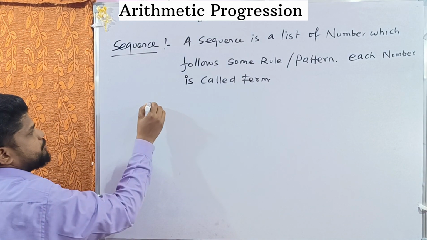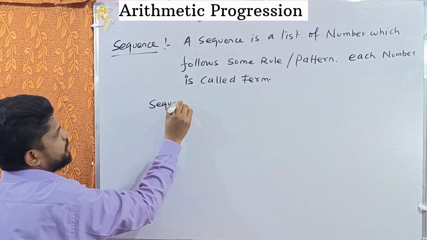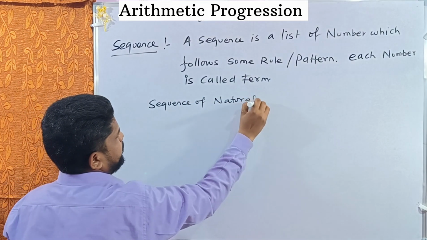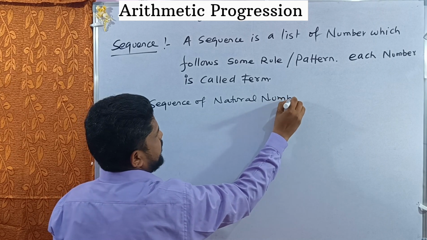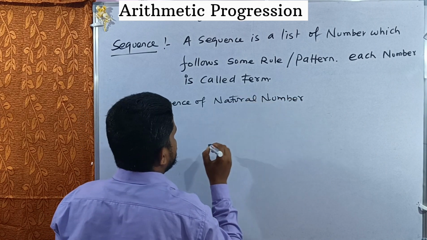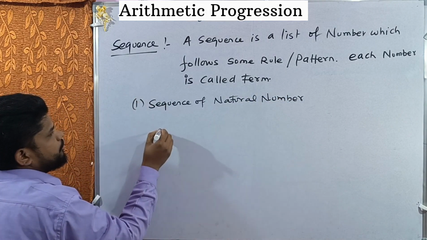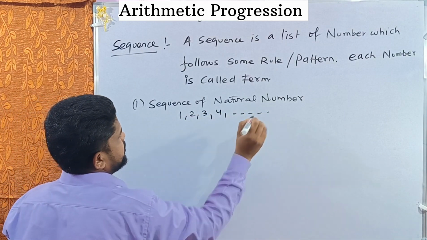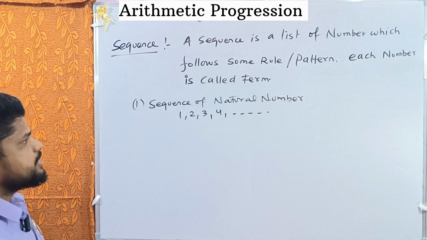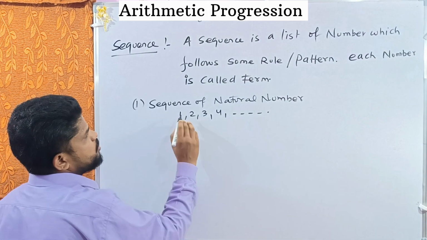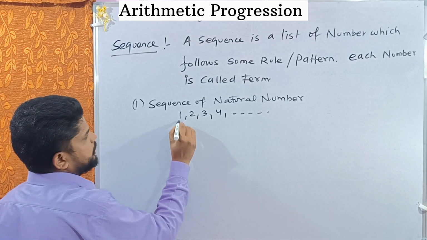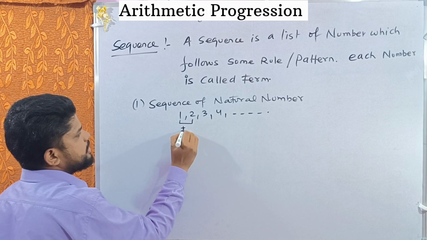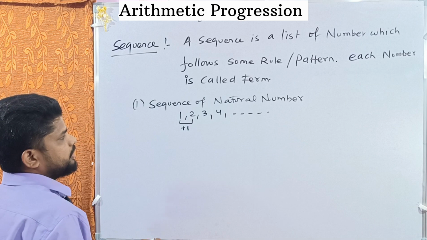For example, dear students, we have the sequence of natural numbers. We all know that all the counting numbers are known as natural numbers, which start from 1, 2, 3, 4, and so on. Here you can see that they follow a certain pattern, like each successive term differs from the preceding term by plus 1.